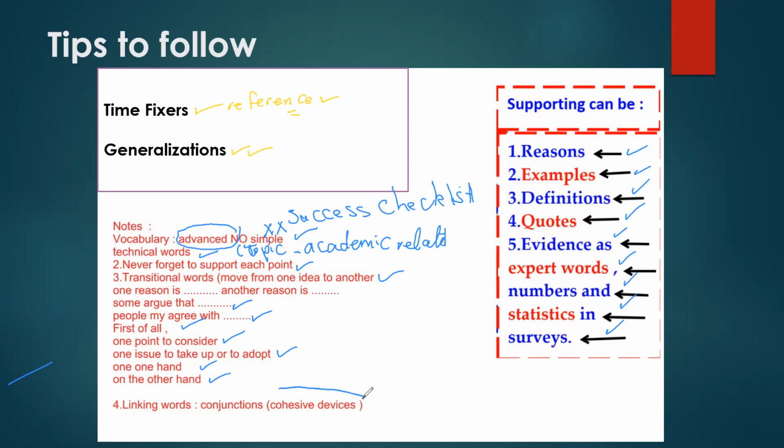And what is very necessary is using the cohesive devices, which we name as conjunctions or linking words. This is the success checklist. I already sent this checklist in the group, so I hope you have a look also when I ask you to write.